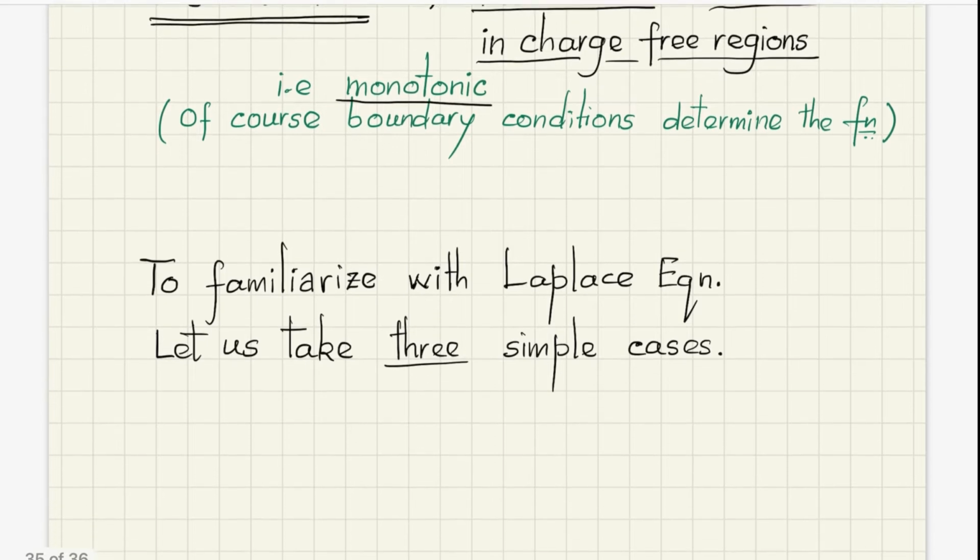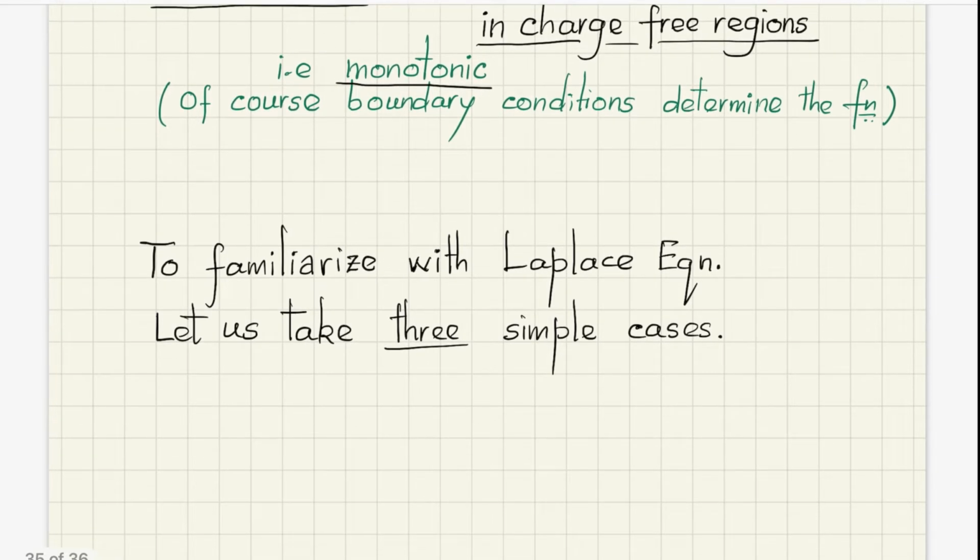To familiarize ourselves with the Laplace equation, I'll take three simple cases. These can be solved even otherwise, but we should have a feeling of how the Laplace equation is solved in simple cases that we already know of.